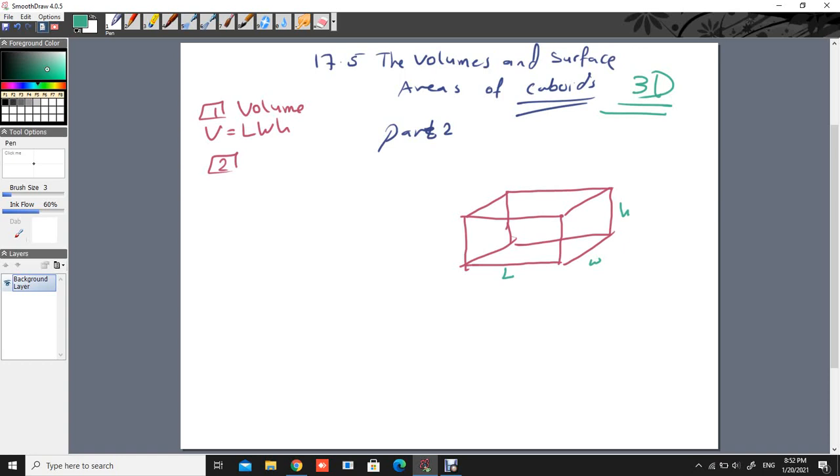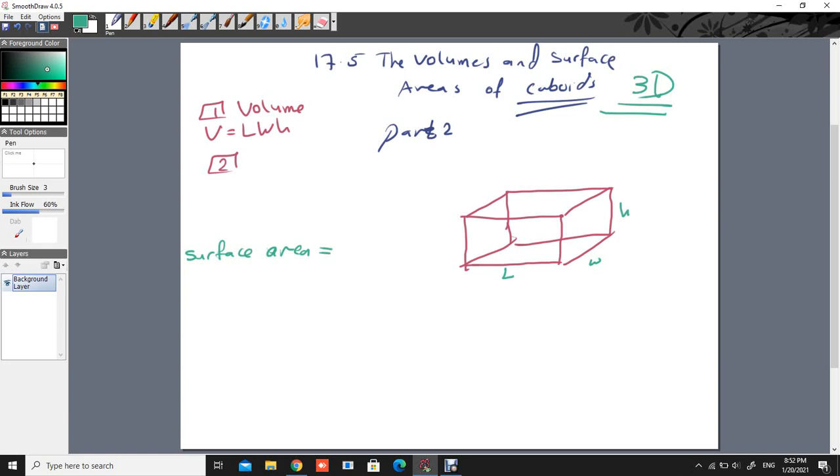Now for the surface area, for this rectangular prism, surface area equals, you have to find the area of these 6 faces. This rectangular prism has 6 faces, which are rectangles.